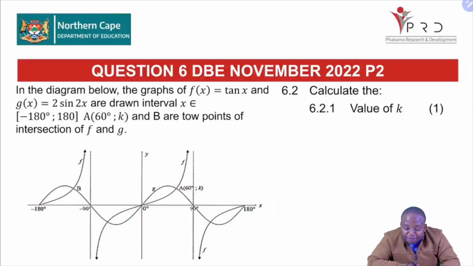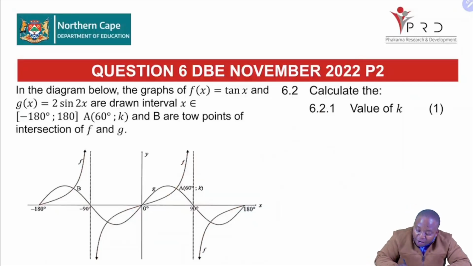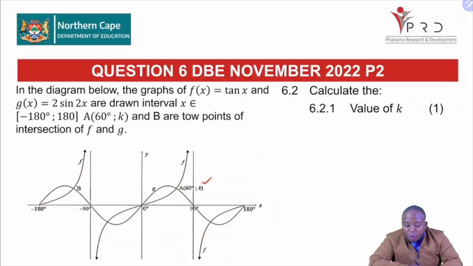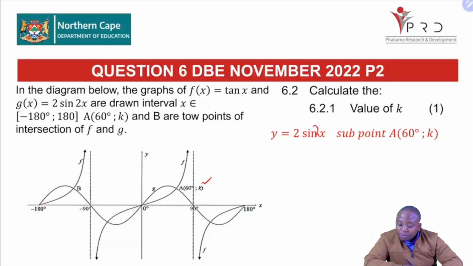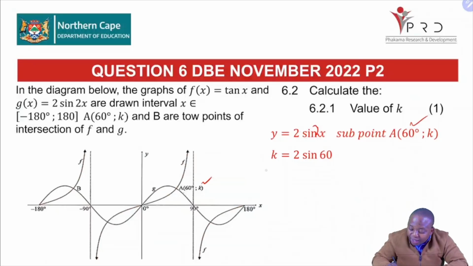6.2, calculate the value of k. Where is k? K is found on the coordinates of A, where F and G are intersecting. So remember, I can use either F or G to find the value of k. Now, easily I can use y equals sine 2x. Then we're going to substitute a point, which is A in this case. And when I substitute our point, then we can now say our y is k.